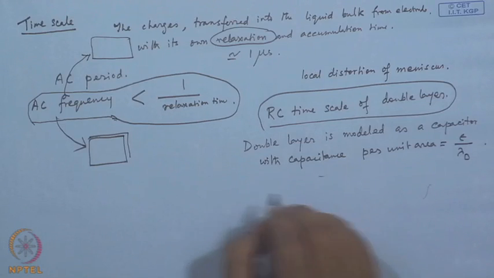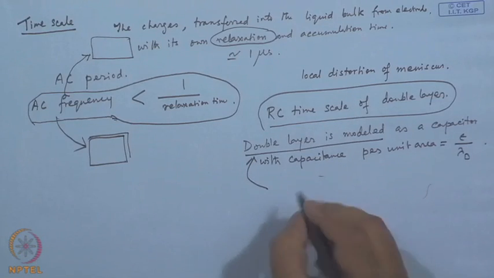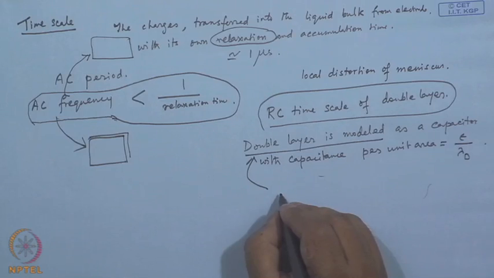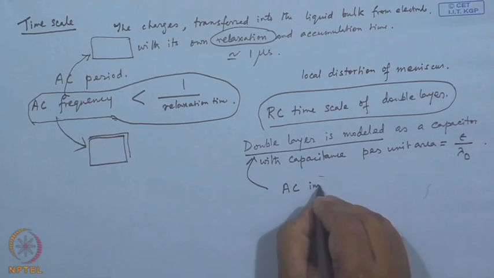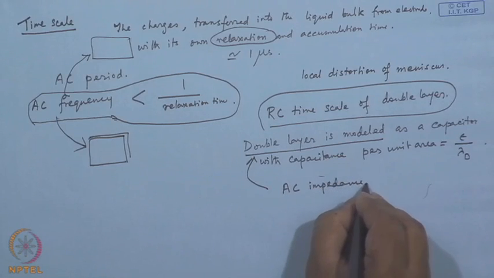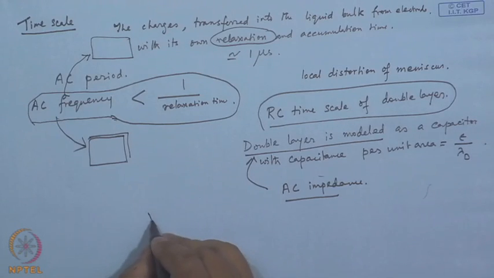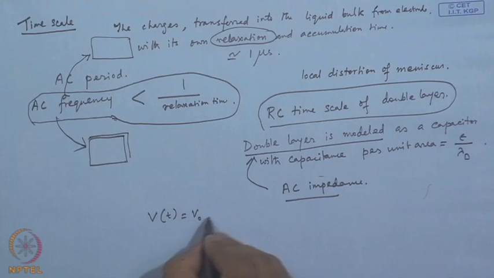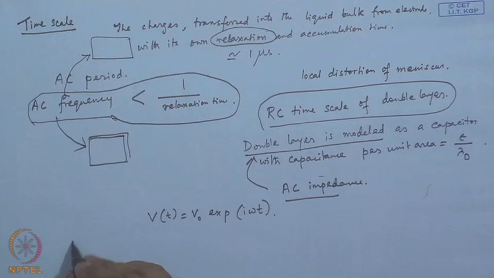Ideally, the double layer is looked into by considering it as an AC impedance. That is the ideal way of handling the double layer, because in that case, you have an input signal like this, where I is equal to this quantity.